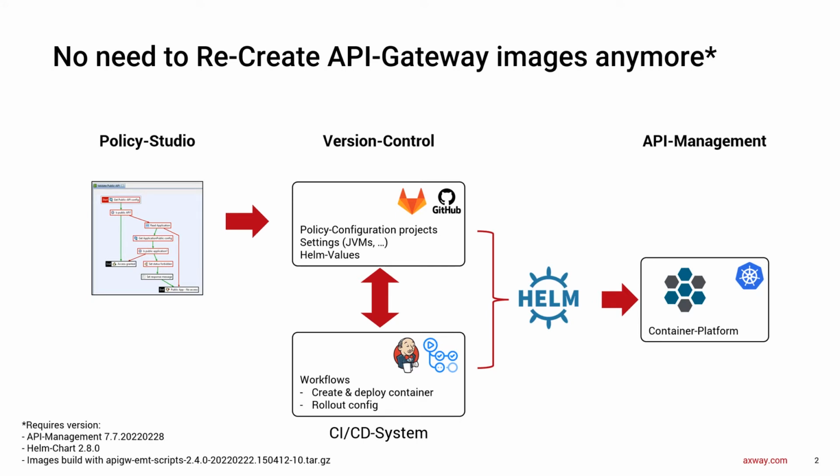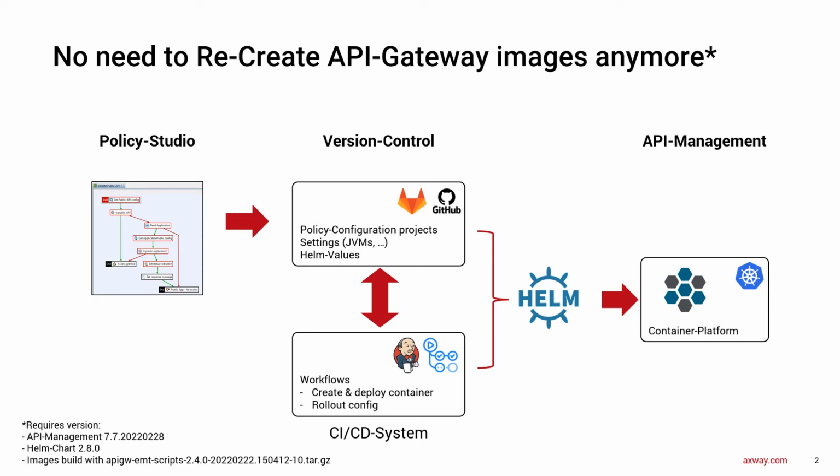Then these changes in the version control system will trigger my CI/CD system where workflows exist to roll out the configuration I just made. And also I will demonstrate another workflow that is used to manually create and deploy a new container, for instance, when you have a new API gateway image.